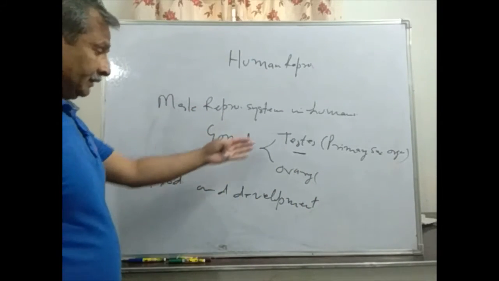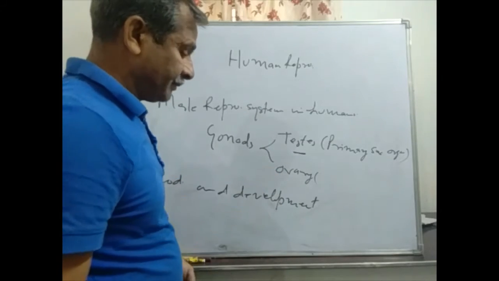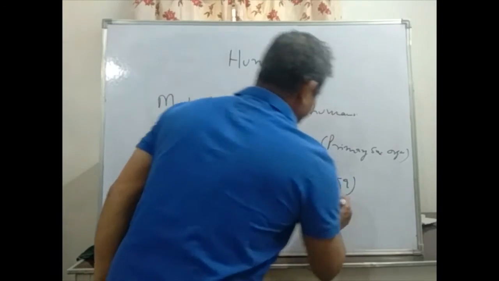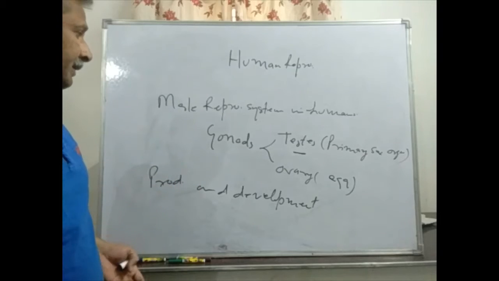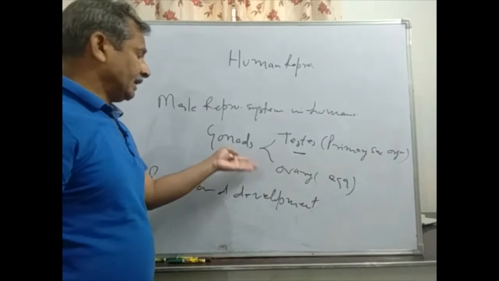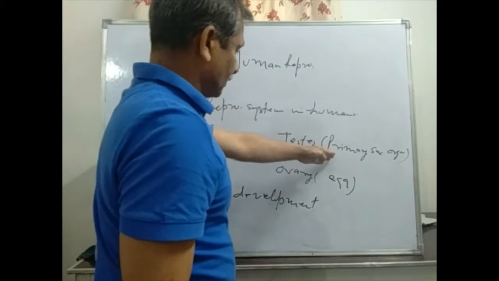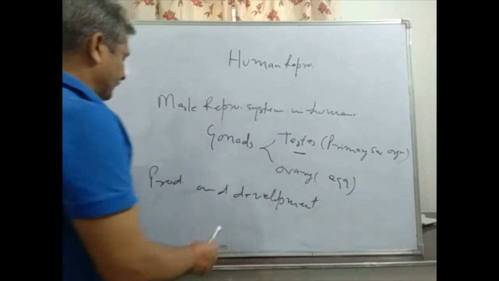In females, the ovary is very important, because the production of the egg takes place in the ovary. So both sexes are separate in our case, and in males the primary sex organ is the testis, and in females the primary reproductive structure is the ovary.